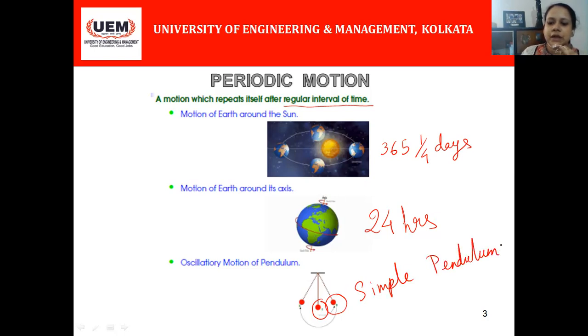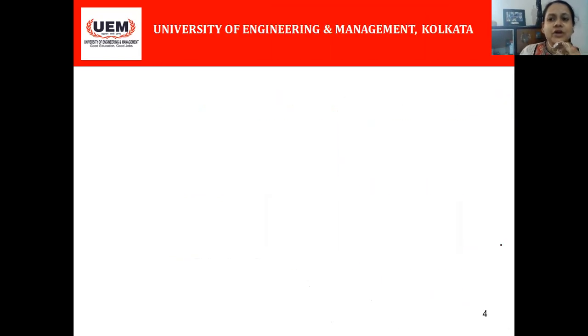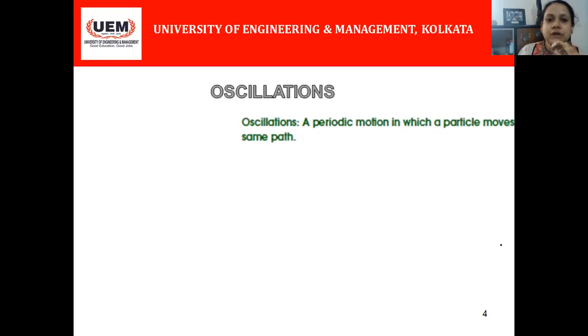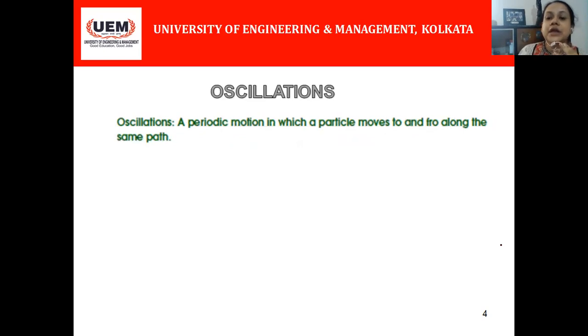Okay. So let's proceed. Now that we have understood what is periodic motion, we would look into a special kind of periodic motion, which is oscillations. So oscillation is a periodic motion in which a particle moves to and fro along the same path.